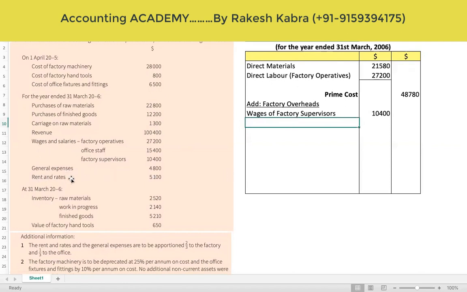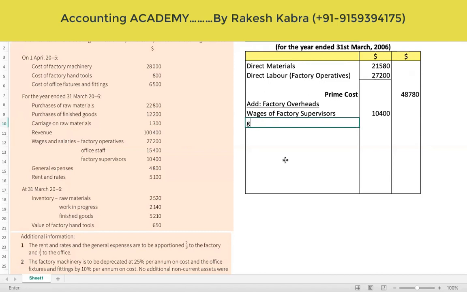Now, general expenses given, right? And then rent and rates as well. Now, see point number one, what it says. Rent and rates and general expenses are to be apportioned two-thirds to the factory and one-third to the office. So two-third will be treated as factory overhead, both the rent and rates and general expenses. Clear?